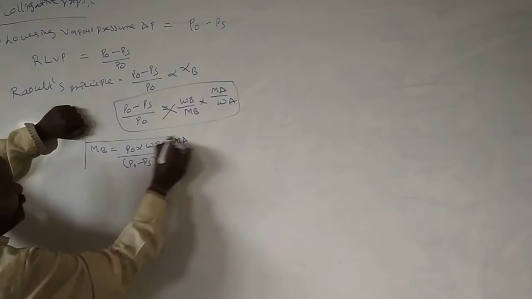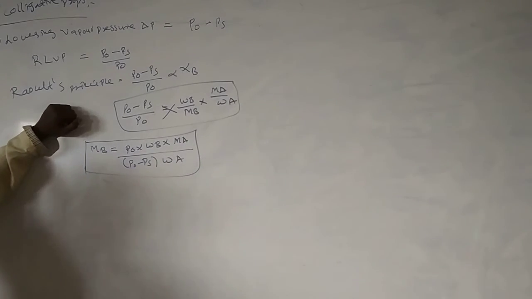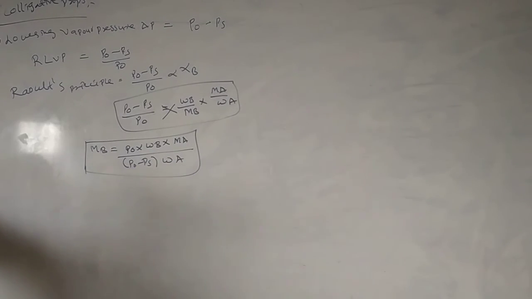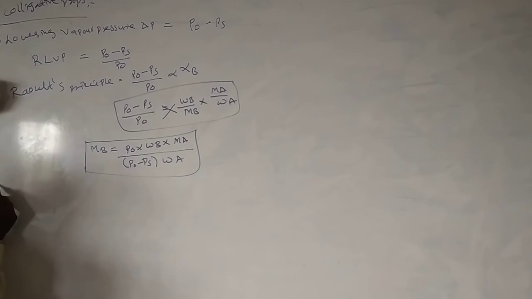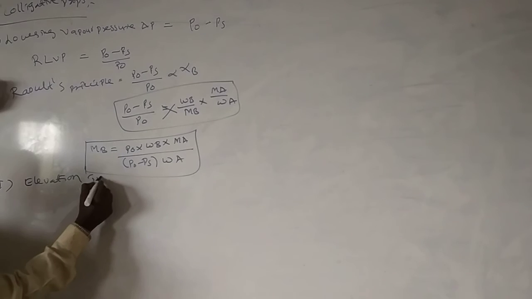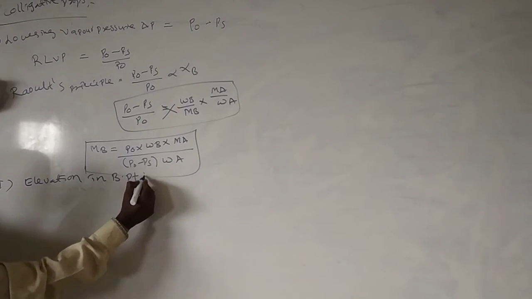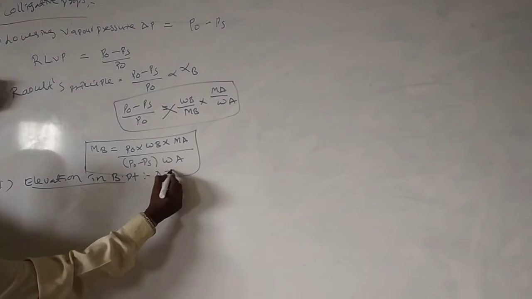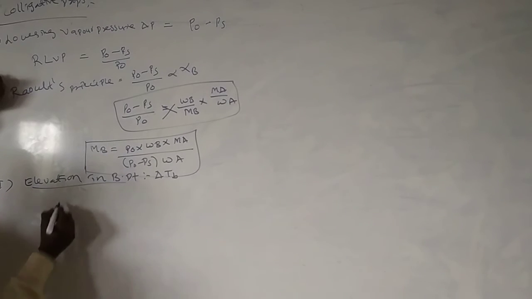By using this, we calculate the molar mass of solute from relative lowering of vapor pressure and the Raoult principle. The second is elevation in boiling point, indicated with delta TB.